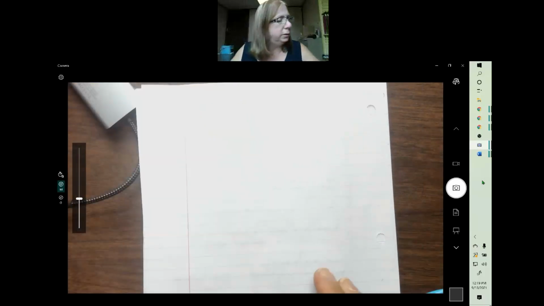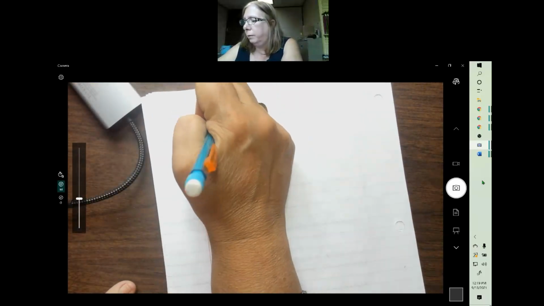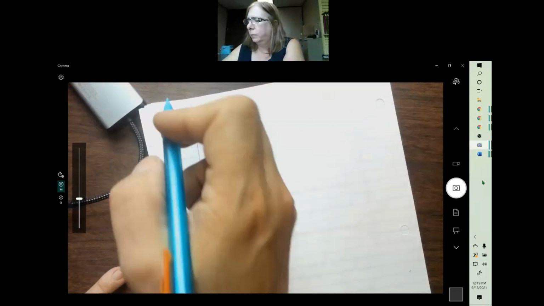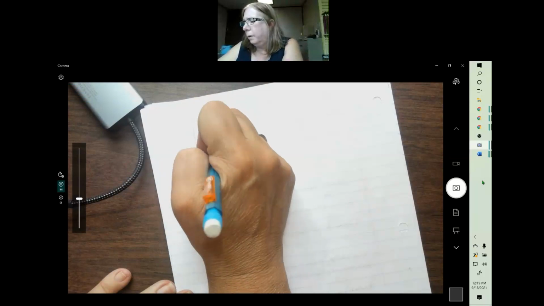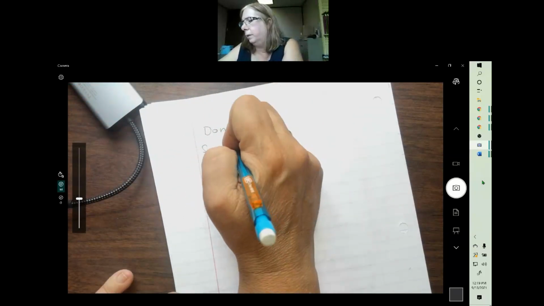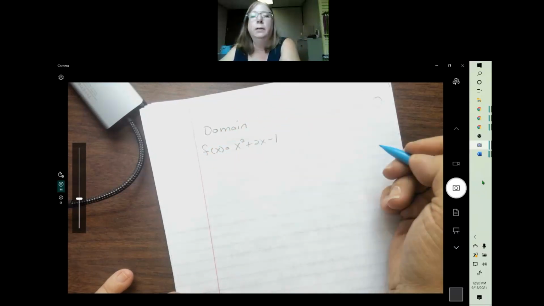Okay. The other two I want to make sure. Domain. When you're looking for the domain, for right now, there's 4 cases. One is when you just have, just like the last problem, a polynomial.